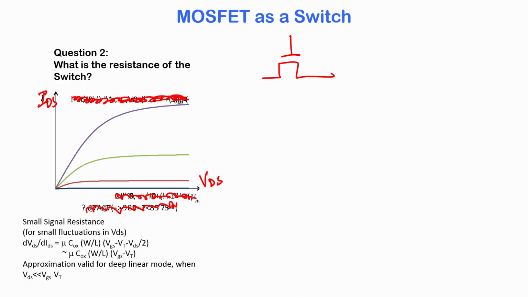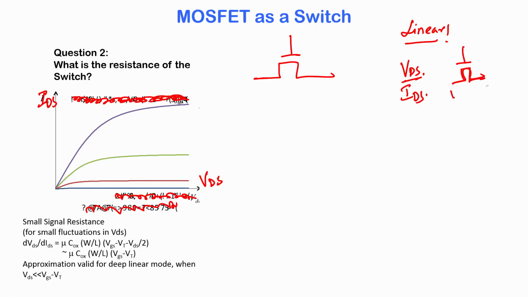In the previous slide we realized that we should bias the MOSFET in linear mode. Now the question is, what is the value of the resistance? What is the output resistance of the MOSFET? We are talking about the small signal resistance of the MOSFET, not a resistance measured as VDS by IDS. Because even in the saturation mode the MOSFET does have a finite resistance.